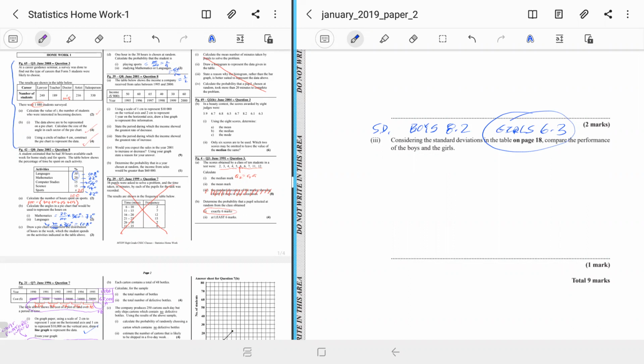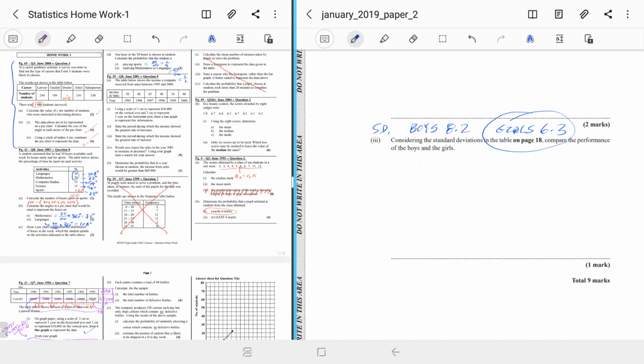And even though the mean score for the girls is 70, all the girls are coming close to 70. That's how we can look at it. So this is not to say they have the same mean score. The mean scores might be different, but the variation from the mean score for the boys is more than the variation of the girls from the girls' mean score.